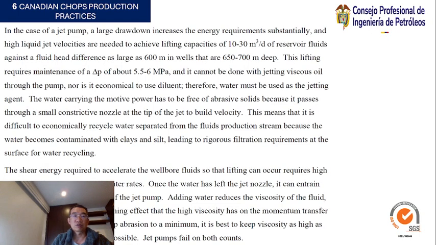This lifting requires maintenance of a delta-P of about 5.5 to 6 MPa, and it cannot be done by jetting viscous oil through the pump, nor is it economical to use diluent. Therefore, water must be used as a jetting agent.